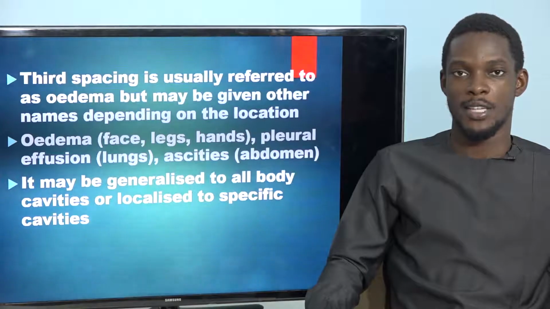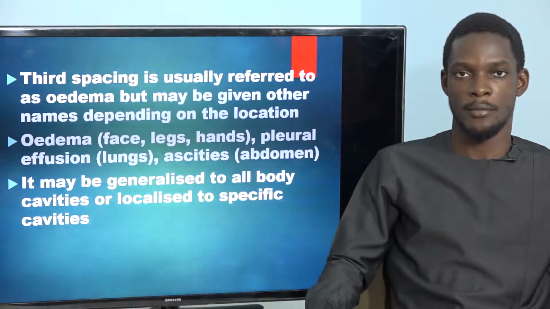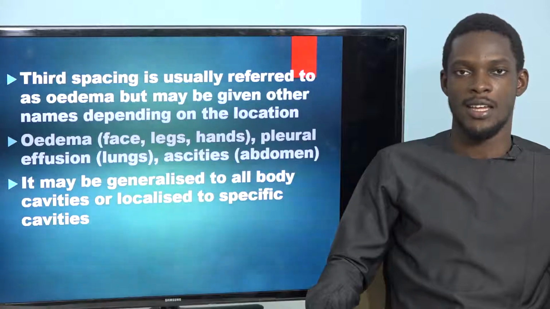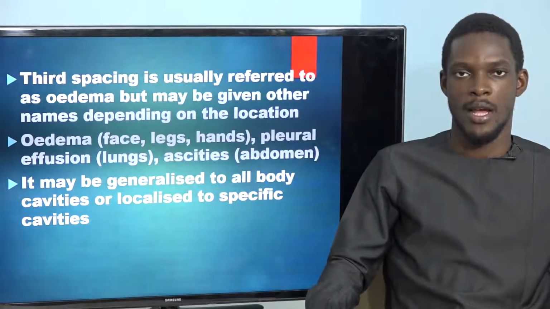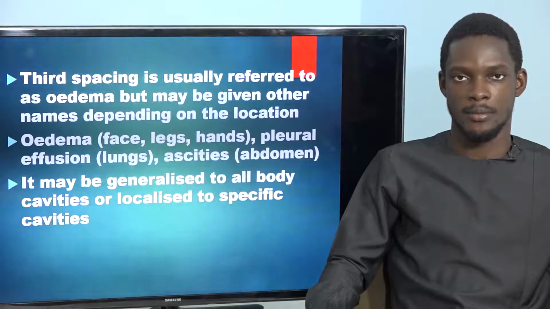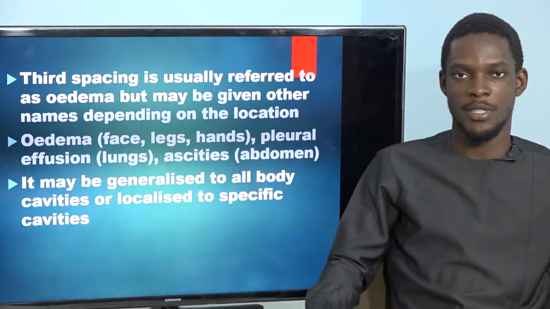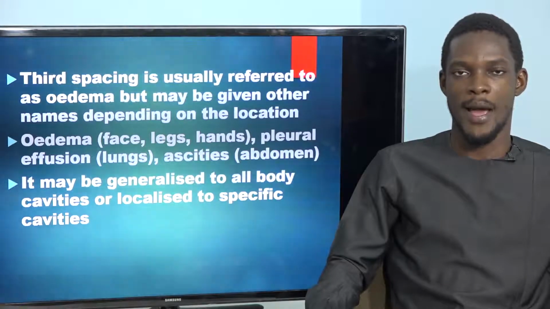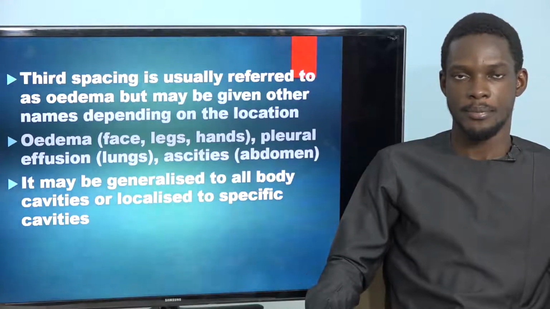But what happens in every normal human being is that there is something we call osmotic pressure. The osmotic pressure exerts on the fluid leaving the capillaries and pulls the fluid back into the blood vessel. As we did for colloids, colloids ensure that fluid from third spaces is pulled back into the blood vessel.